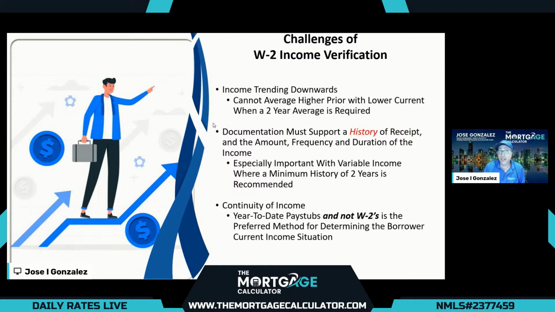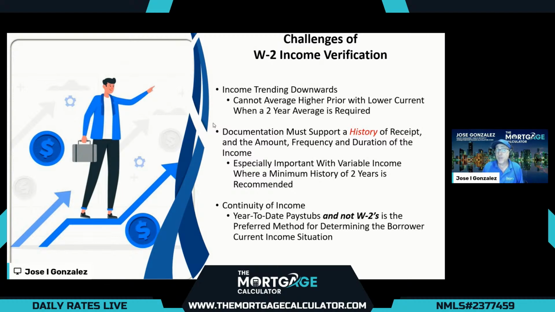So you have to be very careful on how you document that, which we'll be providing some solutions in the coming slides. But it's very important to note that when you have a downward trending income, you cannot average the higher prior income with the lower current income when a 2 year average is required.